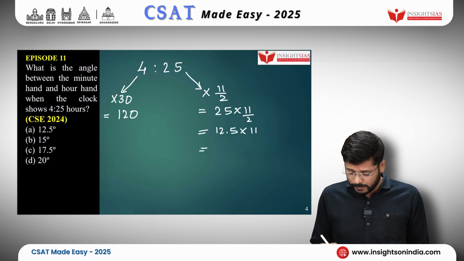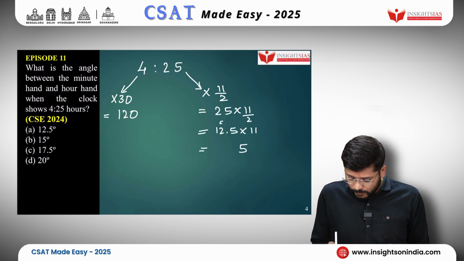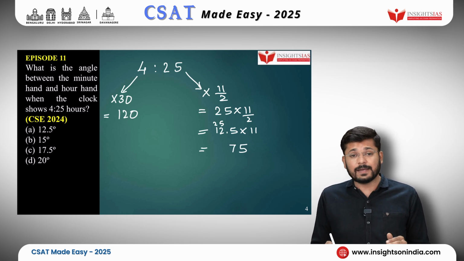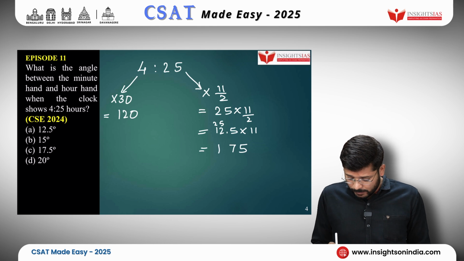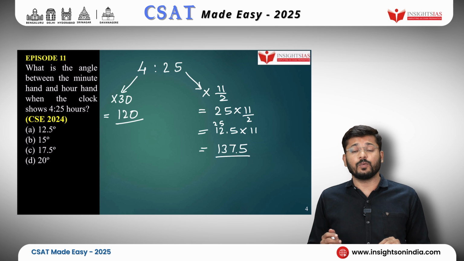How do we multiply? We'll just multiply with 11. 11 5s are 55, 11 2s are 22, plus 5, 7, 2 carry. 11 1s are 11, plus 2 is 13. So you get 137.5, and here you get 120.